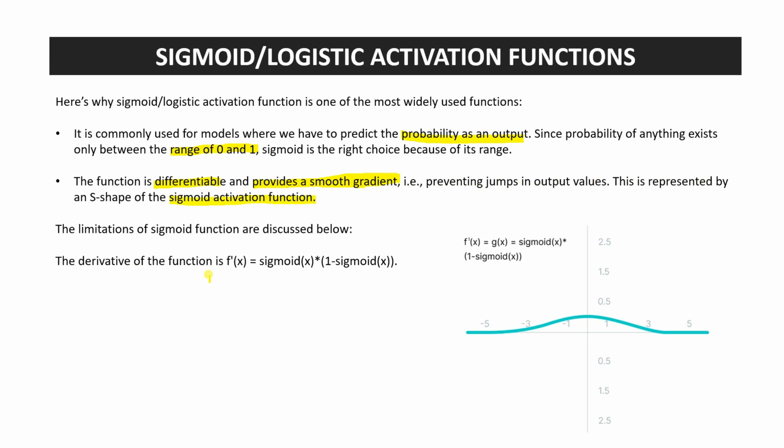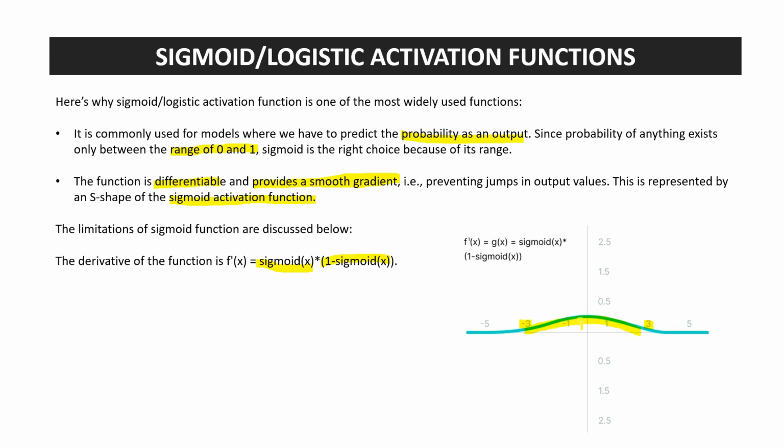If I derive this activation function, we get the formula sigmoid of x times 1 minus sigmoid of x. And if I see the graph of that, the gradient values are only significant in the range of minus 3 to 3. Also the shape of the gradient looks flat, so the function has a very small gradient.